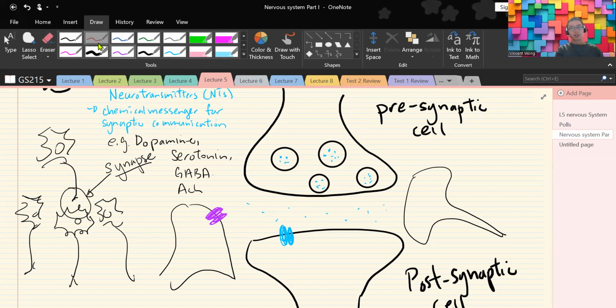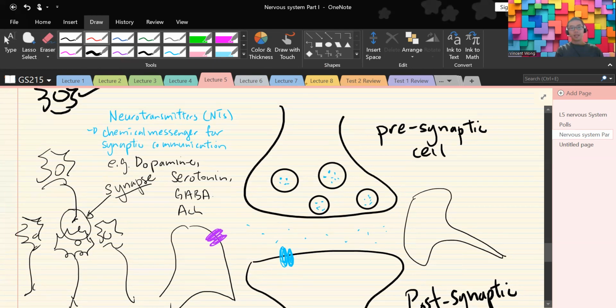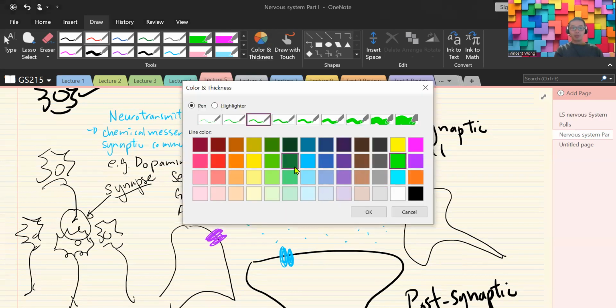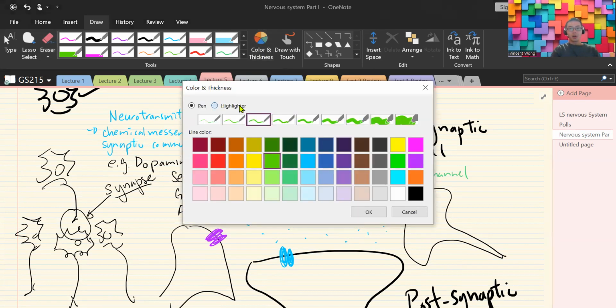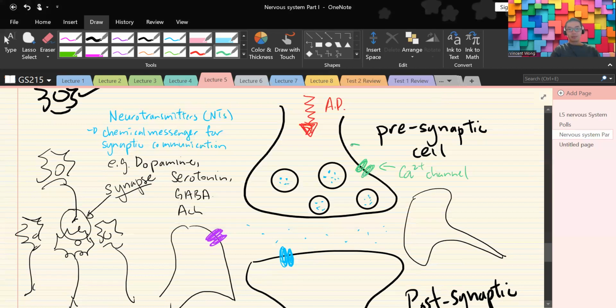Now, how does the signal go across? Well, the action potential that we described will arrive at the axon terminal. Located on the axon terminal are calcium channels. That's a new thing. We did not see any calcium channels along the axon, but they are at the axon terminal. When the action potential arrives, the calcium channel will open, causing calcium to move into the cell.